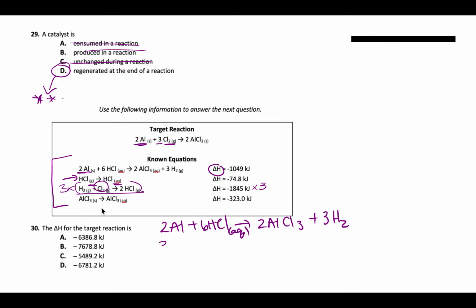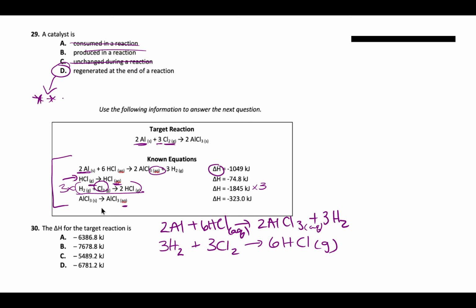So I now have 3H2 plus 3Cl2 to give me 3 times 2, which would be 6HCl gas. And we'll get to that in a moment. This next one, the last one, has AlCl3 solid, and also as an aqueous, which now also tells me I should really be putting that state in as well.